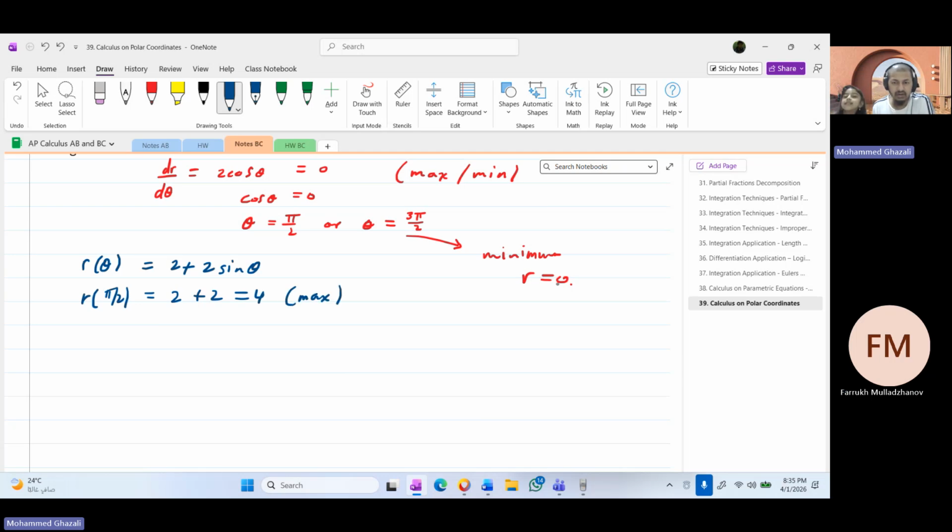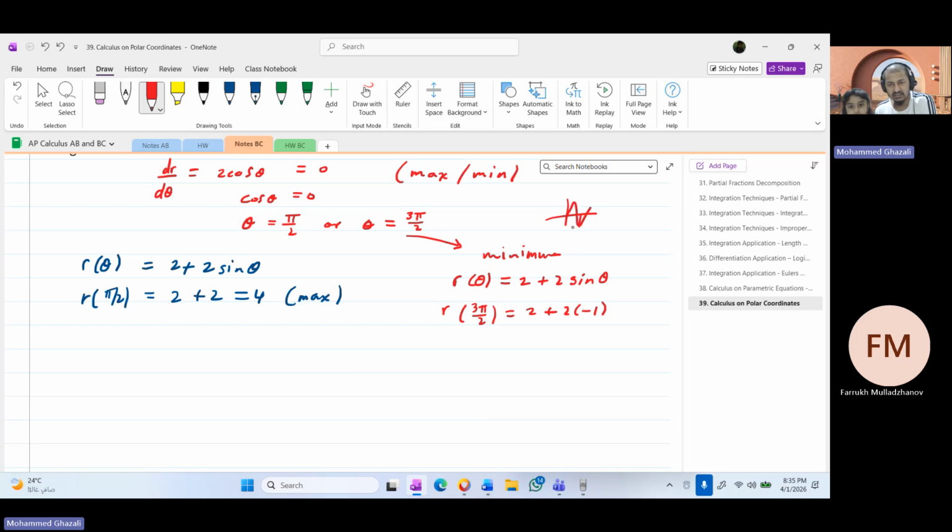And then how do you know r is 0? Because if you substitute 3 pi by 2, so you've got r of theta is equal to 2 plus 2 sine theta. So r of 3 pi by 2 is 2 plus 2 times negative 1. What is sine of 3 pi by 2?